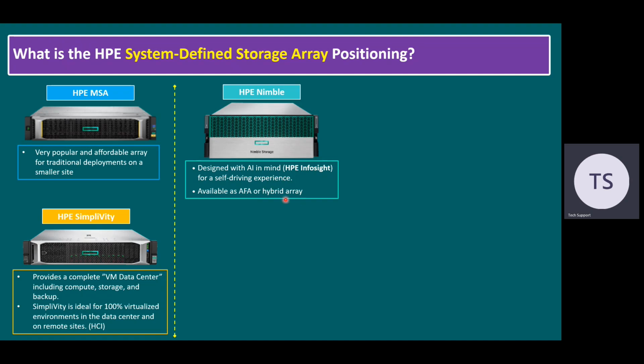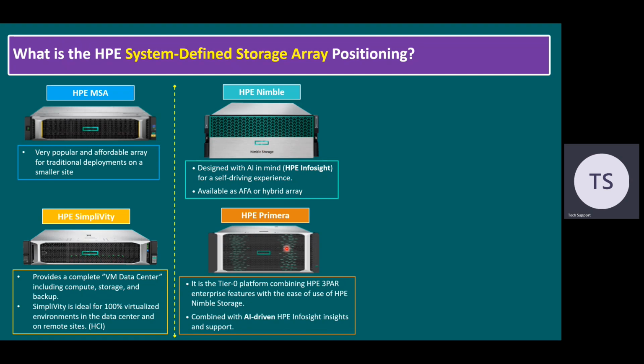Hybrid array means the disk groups are a mix of different disk types like HDD and SSD, but here all are flash disks only. Based on my experience, one of my previous customers used Nimble storage in our private cloud environments also. So this is one of the solutions we can prefer for a virtualized environment and for private cloud solutions.